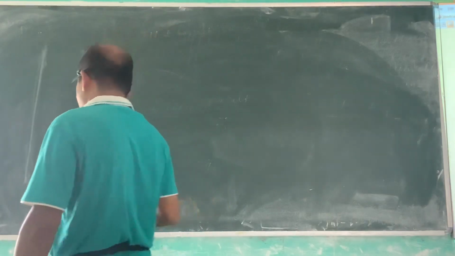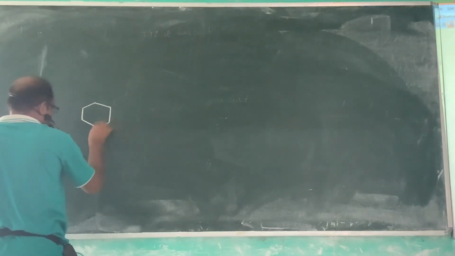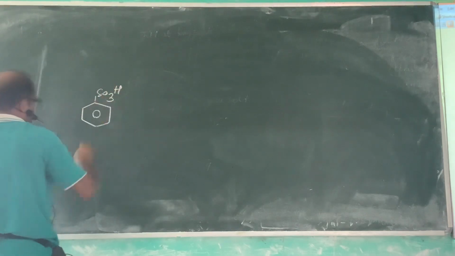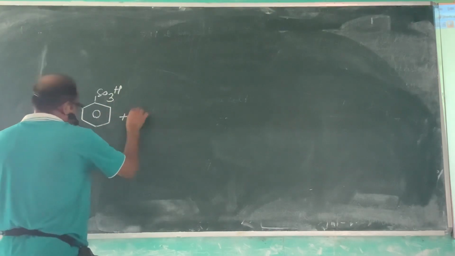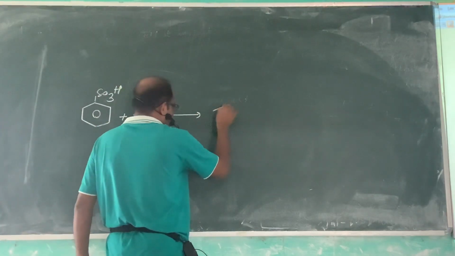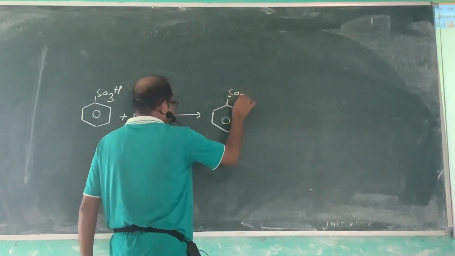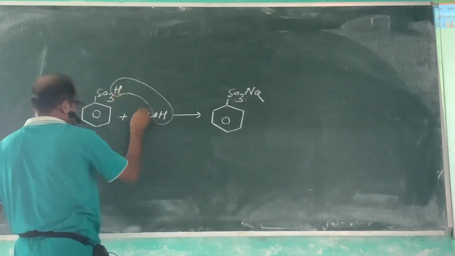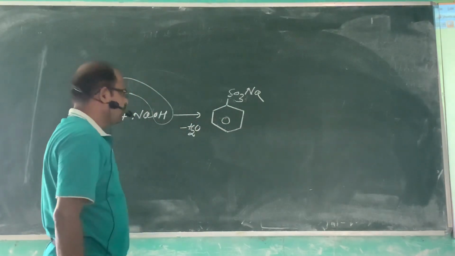This is the formula for benzene sulfonic acid. Benzene sulfonic acid when treated with NaOH gives sodium benzene sulfonate and water.